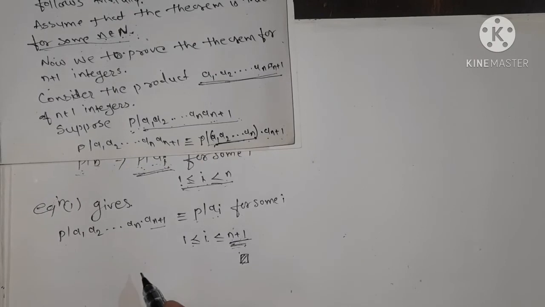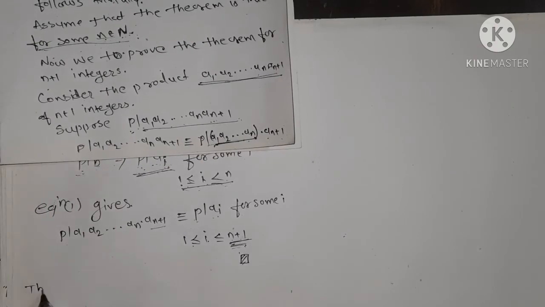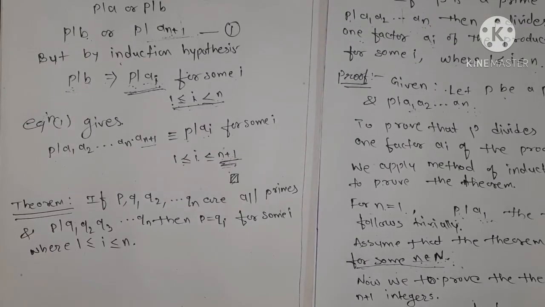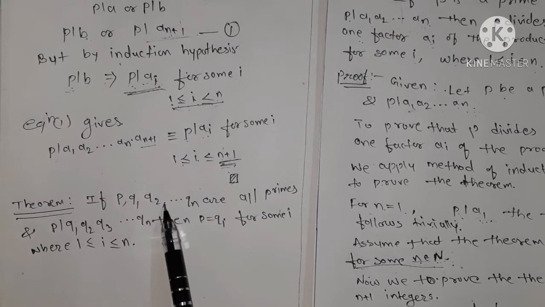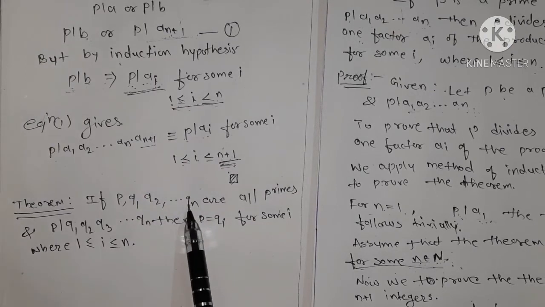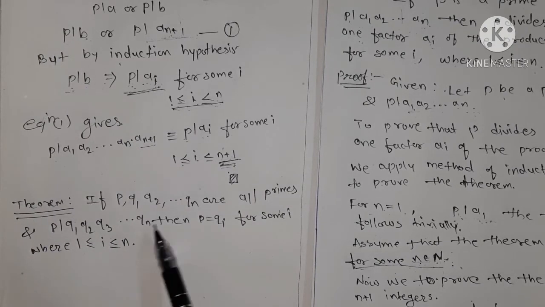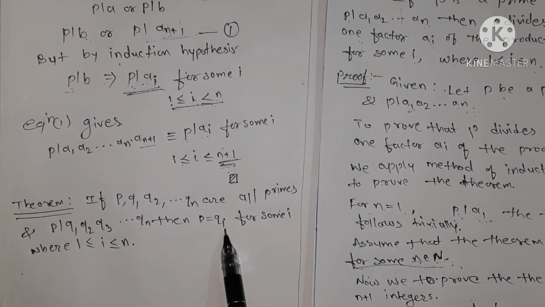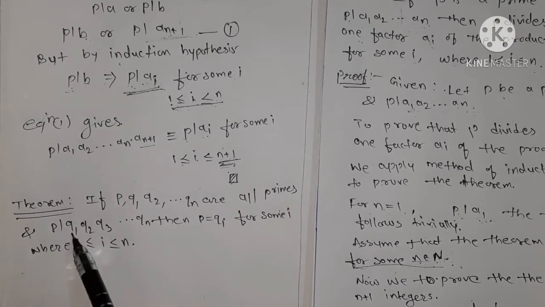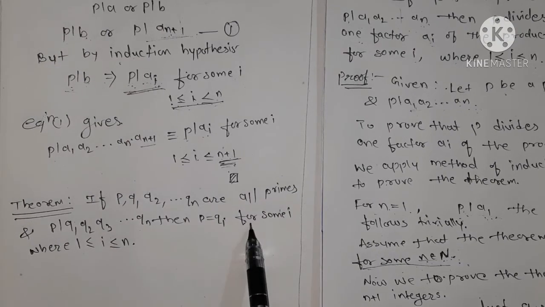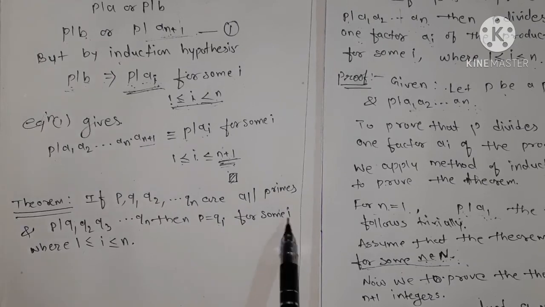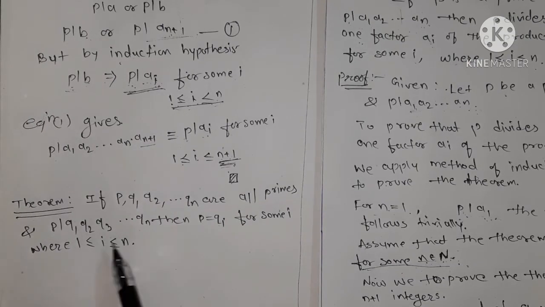Now there is one more theorem. Our theorem is that if p, q1, q2 up to qn are all prime numbers, and p is dividing the product q1 q2 q3 up to qn, that is, p is dividing the product of all n primes, then p is equal to qi for some i, where i is running from 1 up to n.